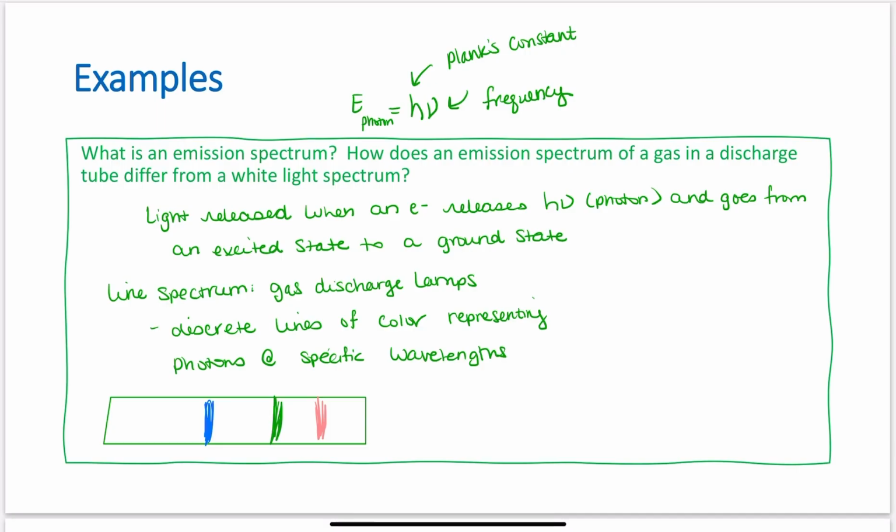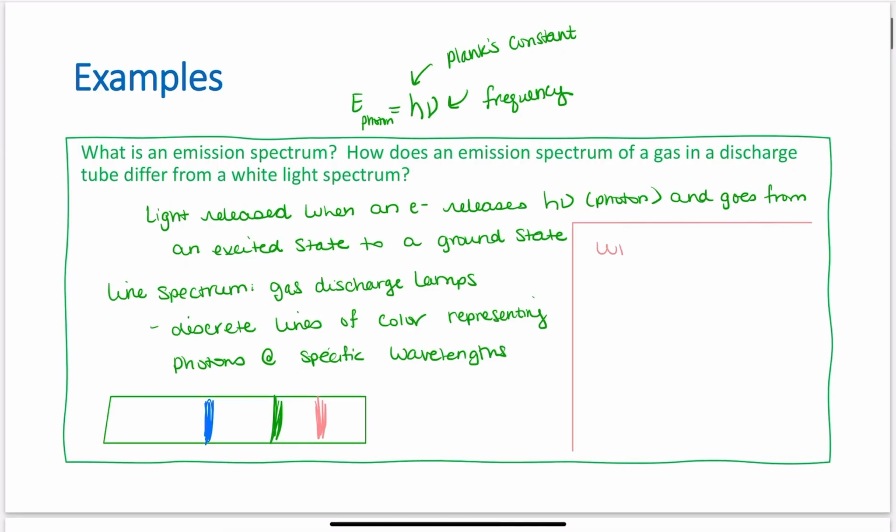Now, if you have a continuous spectrum, it's like white light. And so a white light spectrum is called a continuous spectrum.